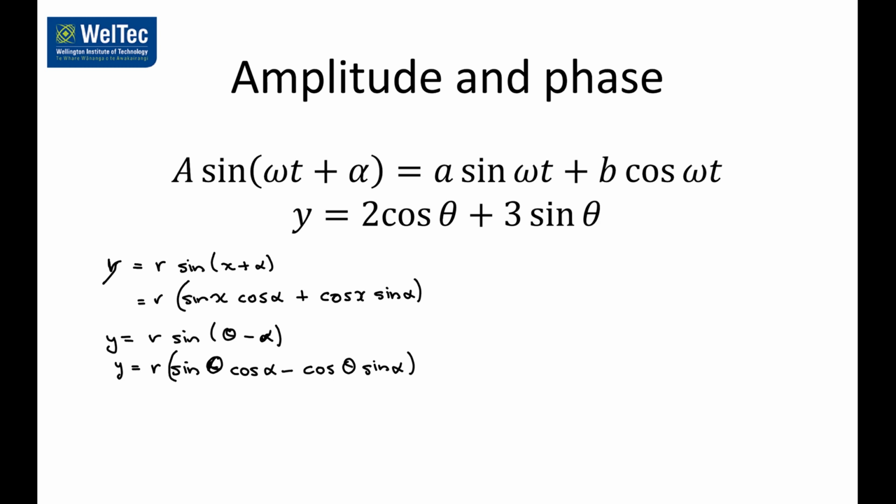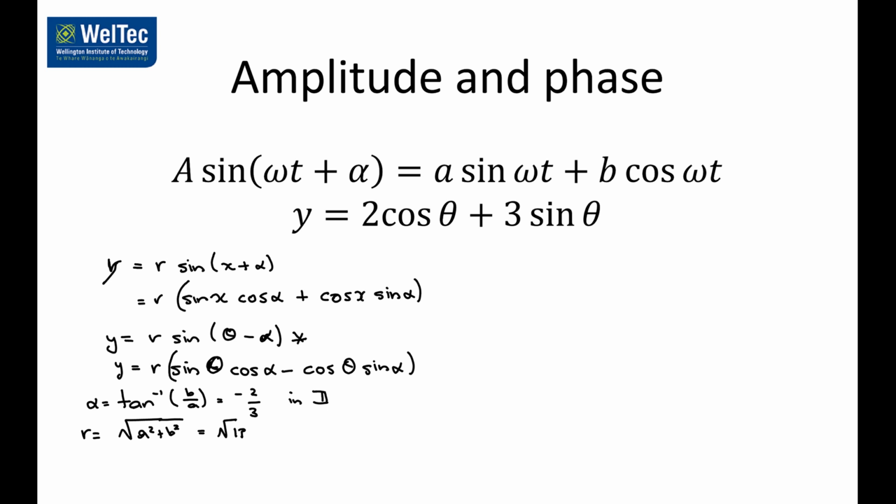Now, if we were asked to write it like this, then we would use that alpha is equal to tan inverse of b over a, which is negative 2 over 3, and it's going to be in quadrant 2. And r is going to be the square root of a squared plus b squared, which will be root 13 in this particular case.